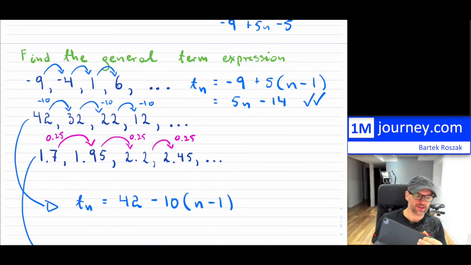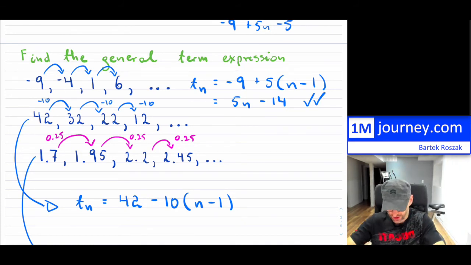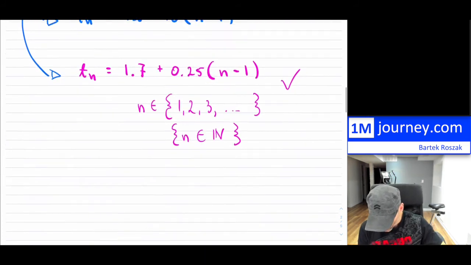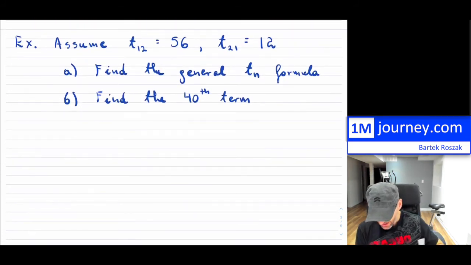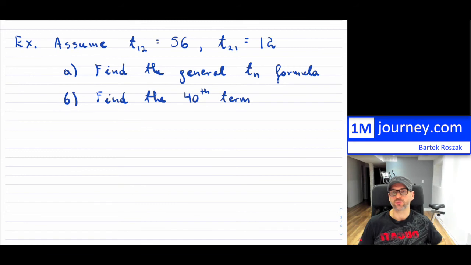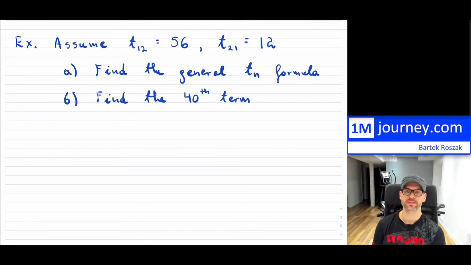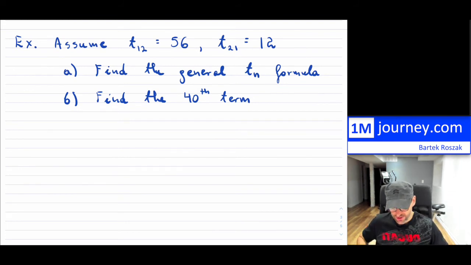Now, I have a couple of examples here for you. So here's an example. What if you weren't given a sequence? What if you were just told, let's say, that you have an arithmetic sequence, right? So I'm telling you, you have an arithmetic sequence, and within that sequence, you know the 12th term was 56, and you know that the 21st term was 12.